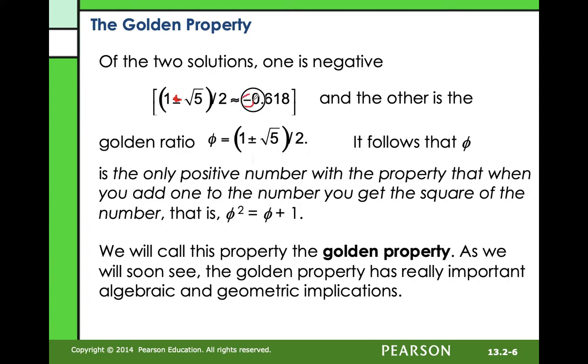That's how it's coming up with this negative value. The second one, we are restricting to be 1 plus the square root of 5 over 2, which gives us that positive version. We call this the golden property, and as we're going to see, it's going to have some really important algebraic implications today, and then geometric implications later on in this chapter.